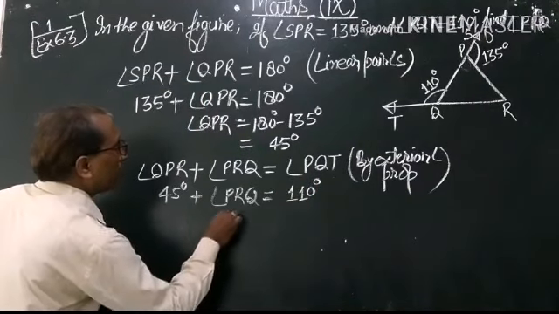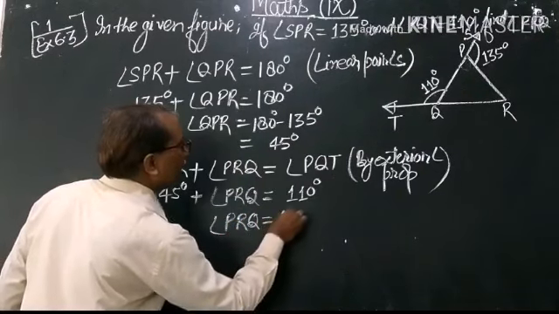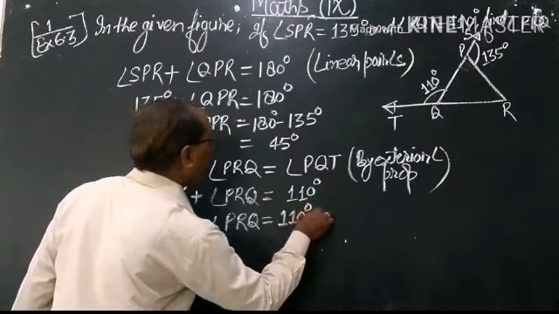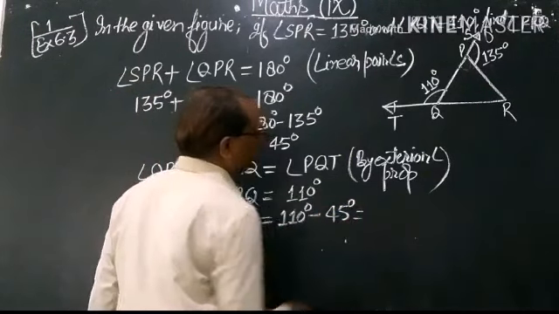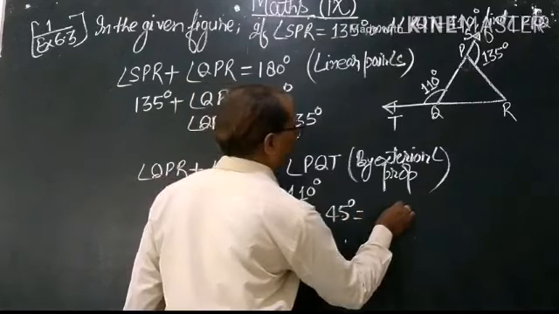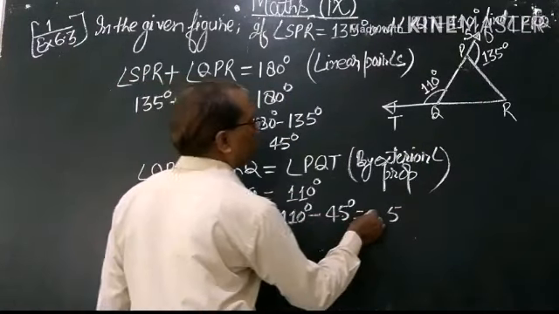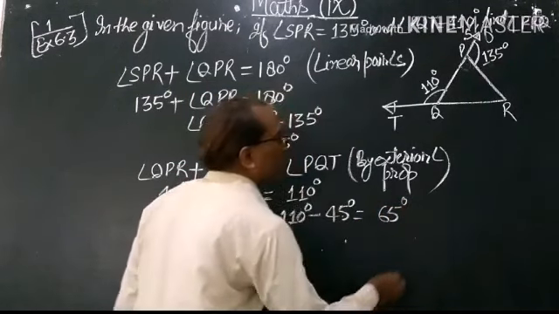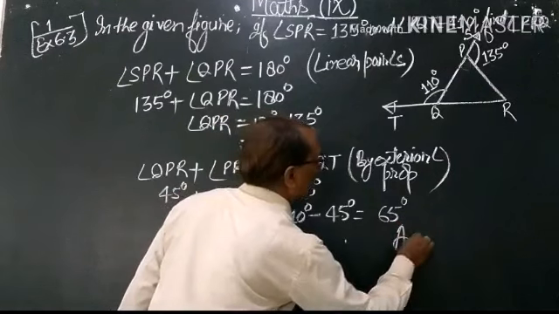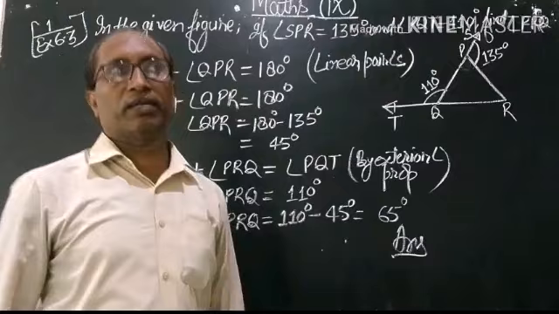Then angle PRQ is equal to 110 degrees minus 45 degrees, which is 65 degrees. It is your answer. Angle PRQ is equal to 65 degrees.